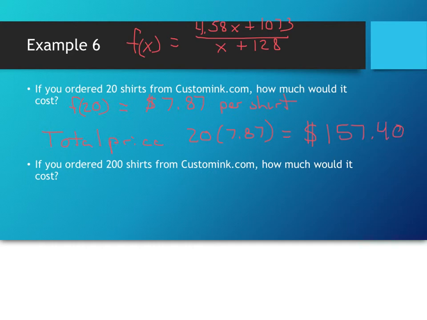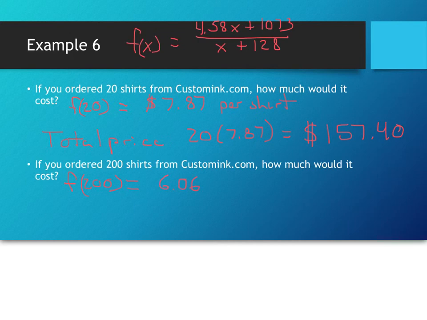All right. Now, here's the thing. If you order 200, what's going to happen is you're going to plug in, and I'm just plugging this into my calculator now as I speak, 200 everywhere you see an X. And by basic rounding, when you plug that in, you should get $6.06.